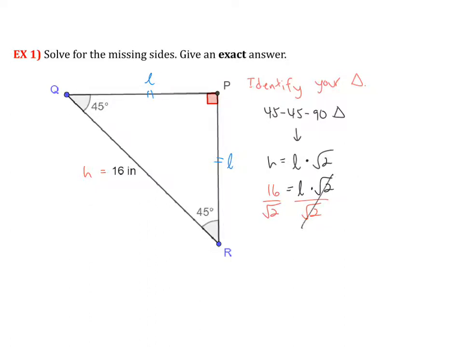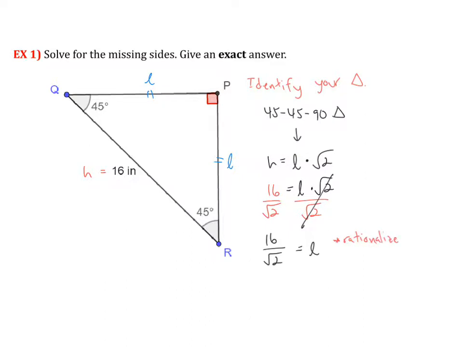This allows me to cancel out the square root of 2's on the right side, and I'm left with 16 divided by the square root of 2, which is equal to L. We never leave our answers with square roots on the bottom, so we always need to make sure that we rationalize.